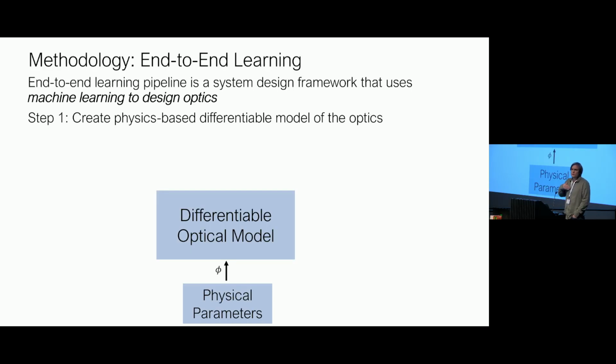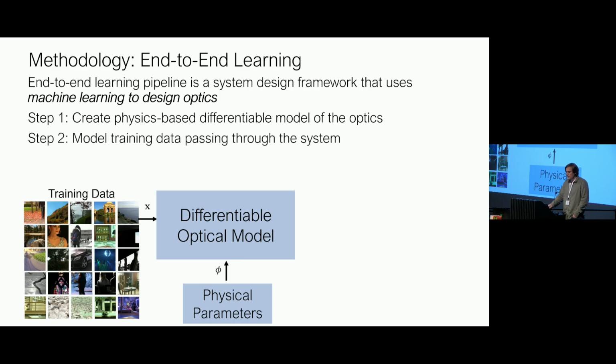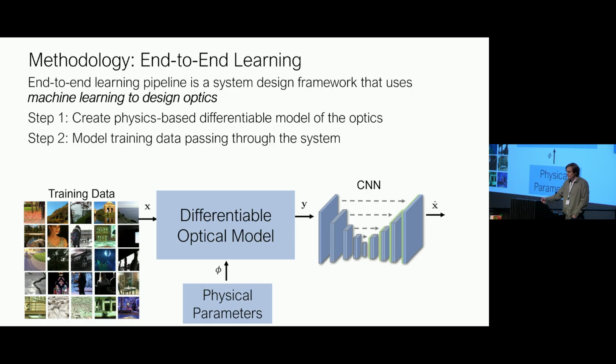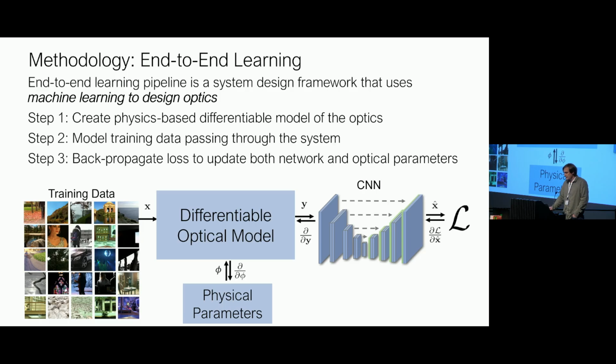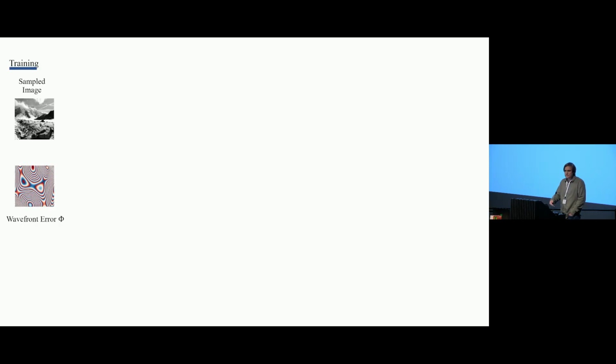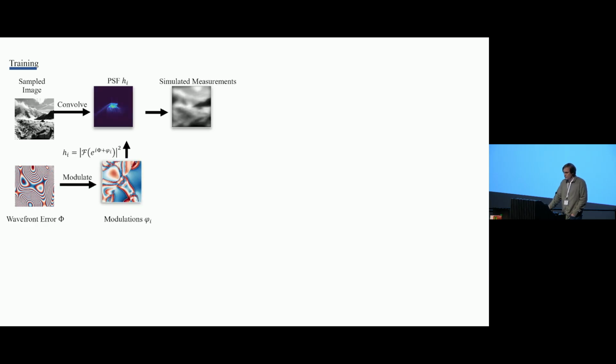And so here we turn to the end-to-end learning framework that Evan mentioned yesterday, where essentially we create a differentiable physical model of the optical system, pass training data through the system, model the reconstruction, and update the physical parameters. We applied this to the imaging through scattering problem.